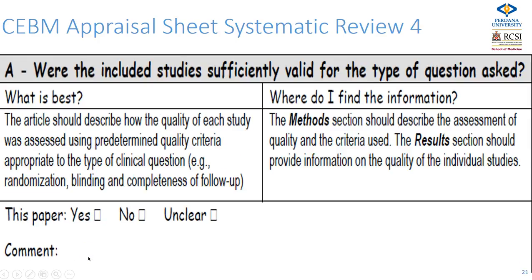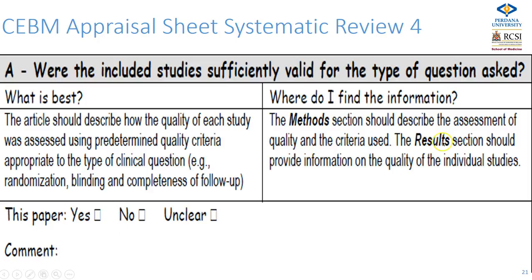You then need to look at the different studies included for the review and were these individually valid for the question being asked. Again, you should find this in the methods section. They should look at the quality of each component study and how that was assessed. There will be standard criteria for assessing study quality, and these often come from the Cochrane. There are Cochrane criteria for this.